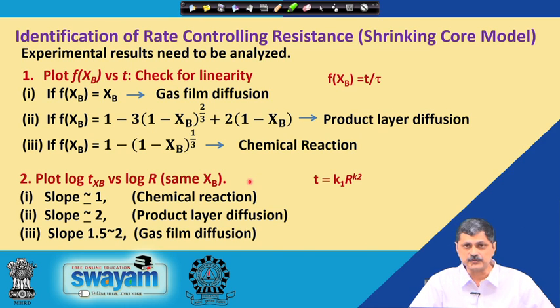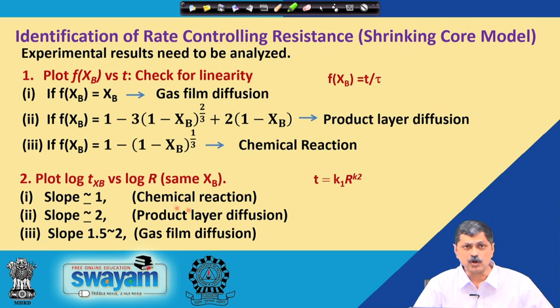We have already derived these equations: to achieve the same conversion, the time required will be proportional to r raised to some exponent, and this exponent is different for different controlling resistances. This exponent will be 1 for chemical reaction control, 2 for product layer diffusion control, and varying from 1.5 to 2 for gas film diffusion control.